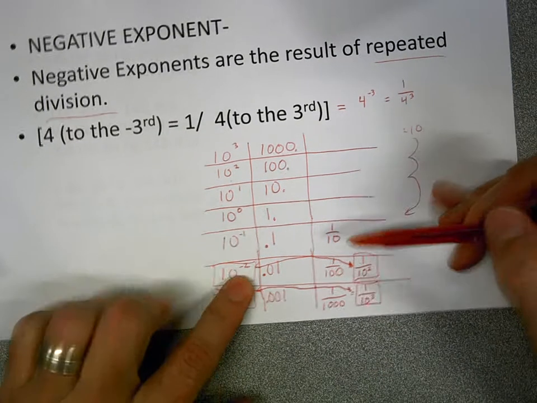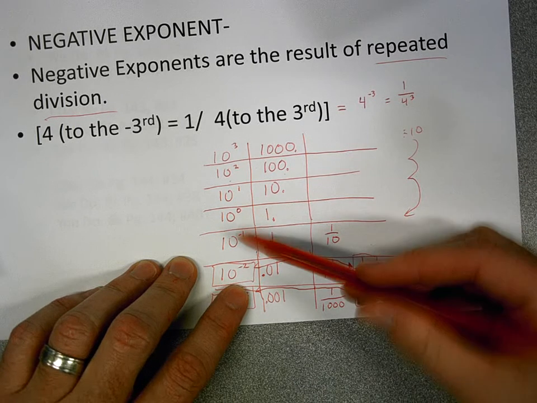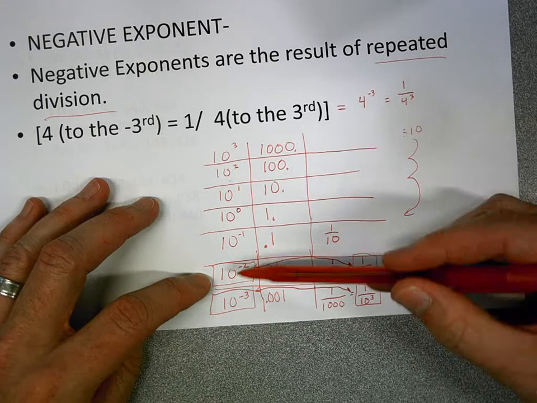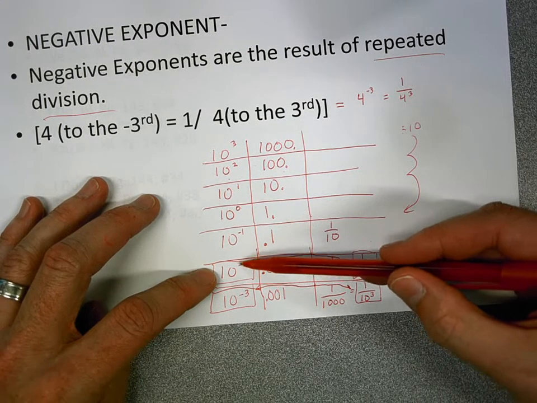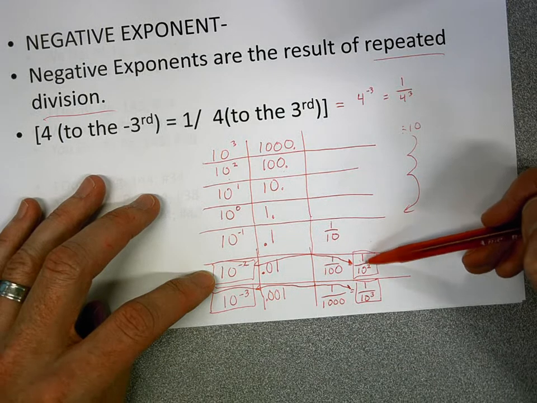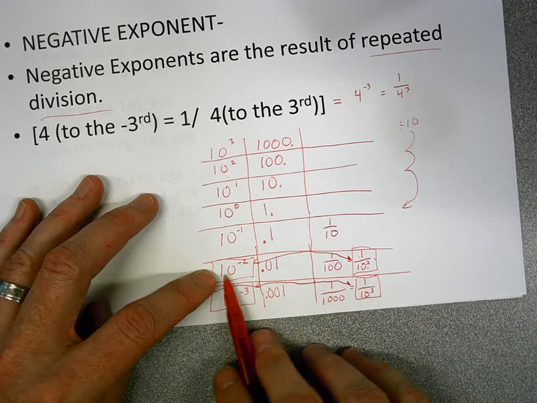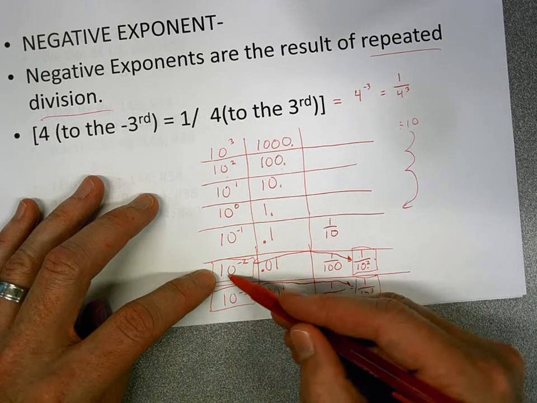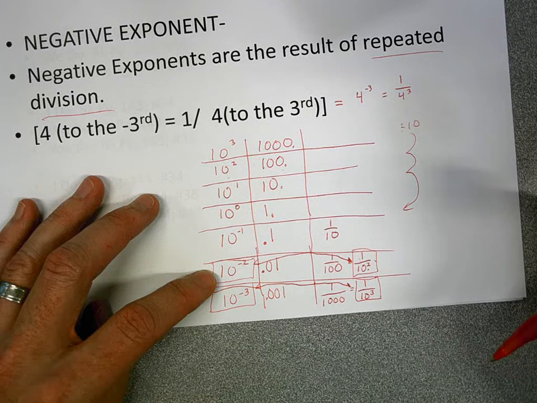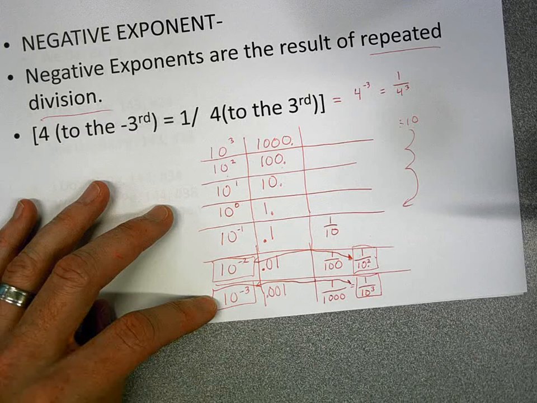Well, if we're just looking at patterns here, for example, 10 to the negative second power, all that's happening is this negative power is creating a numerator of 1. And the denominator is without the negative, 10 squared. So 10 to the negative second power is really 1 over 10 to the positive second power. 10 to the negative third power is 1 over 10 to the positive third power.